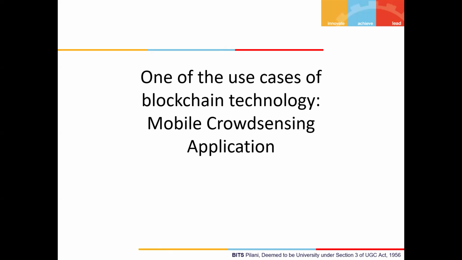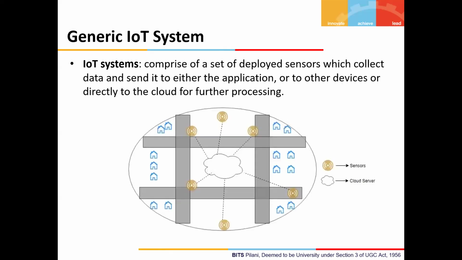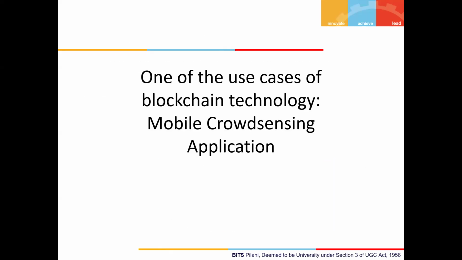Okay, so now we will see one of the applications of blockchain technology, that is mobile crowd sensing. First we need to understand what it is. Let me give you this in one line: mobile crowd sensing is a paradigm that we use to collect data. Mobile relates to the smartphones that each one of us is carrying, right?